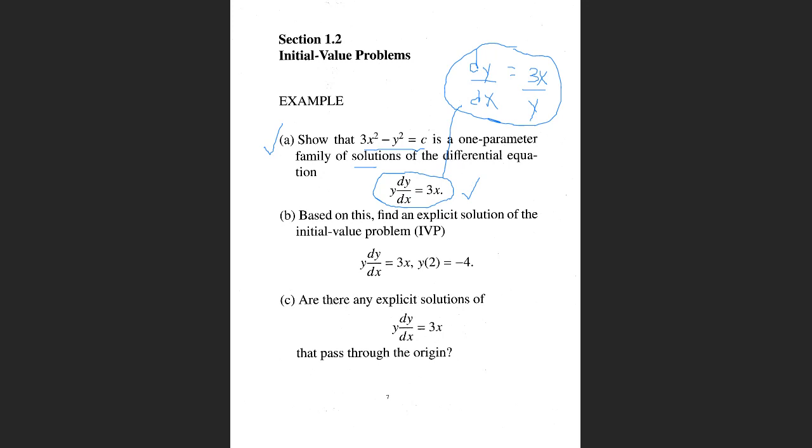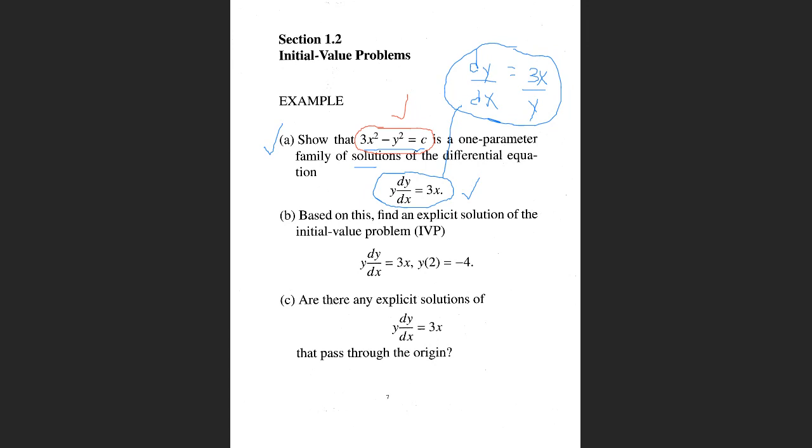All right, so we're going to show that 3x squared minus y squared equals c. And we could solve that in terms of y, but they write it this way. Show that that's a one-parameter family of solutions to the differential equation.